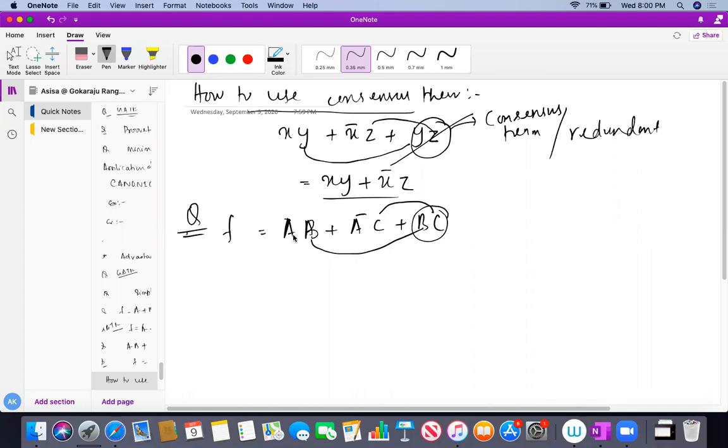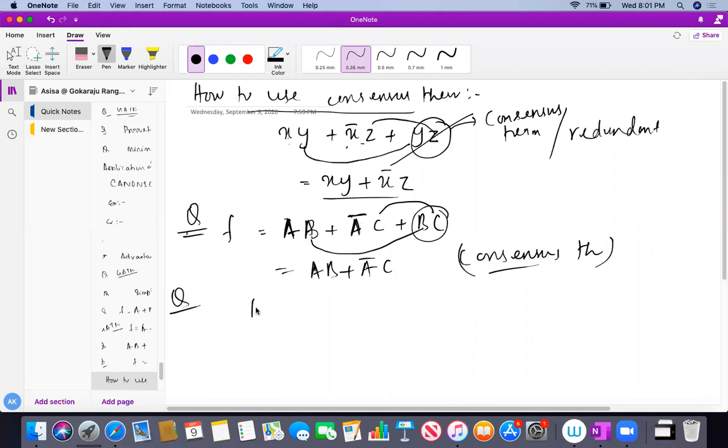So see here, these two, A and A bar, are opposite. So X and X bar is present, so I can apply the consensus. I don't need to go for distributive law, all these things. I am just going to reduce it to AB, A bar C by using consensus theorem. Okay, by using consensus theorem I have achieved this.